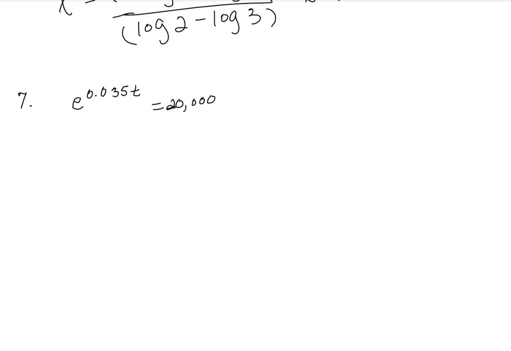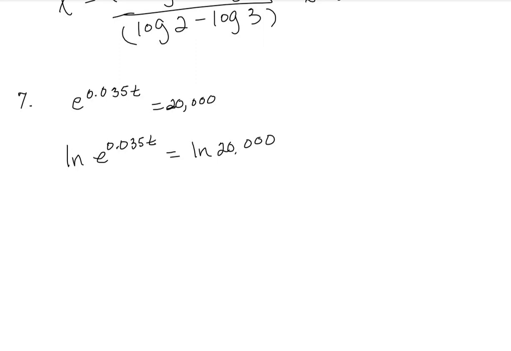And just like the problems that we started off with, I want to take the log of both sides here, but instead of taking a common log, I'm going to take the natural log. So I'm going to take the natural log of e to the 0.035t, and that's going to equal the natural log of 20,000.